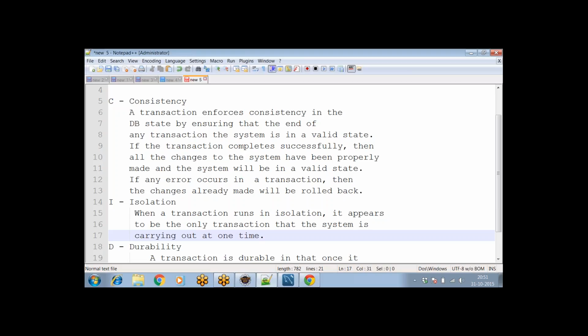You know, if the transactions overlap, then we'll have issues. If the transactions overlap, in that case, we may have issues.